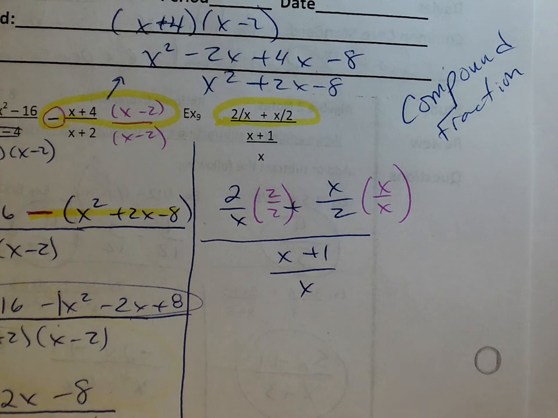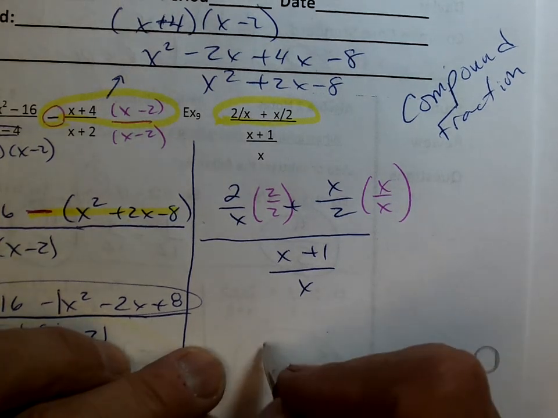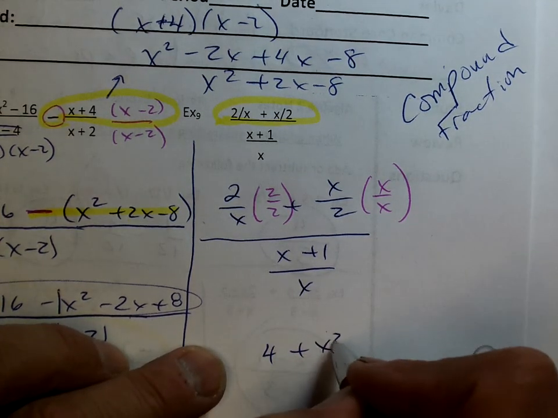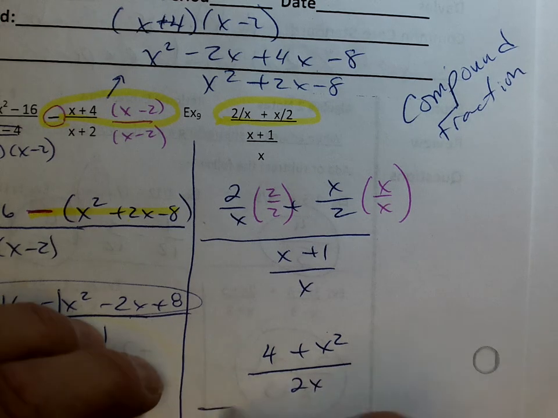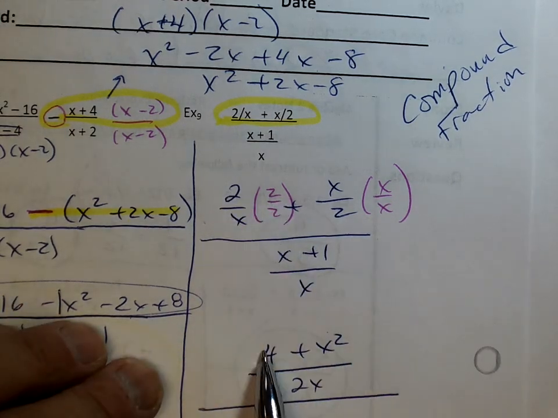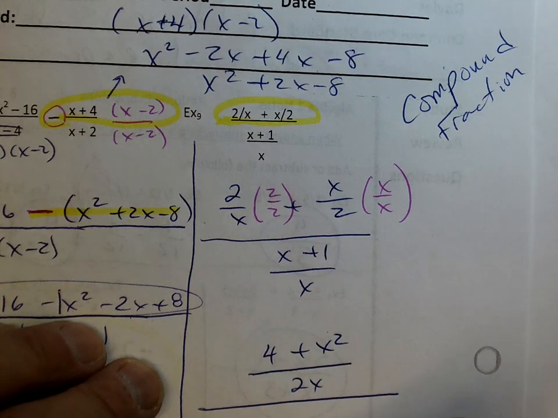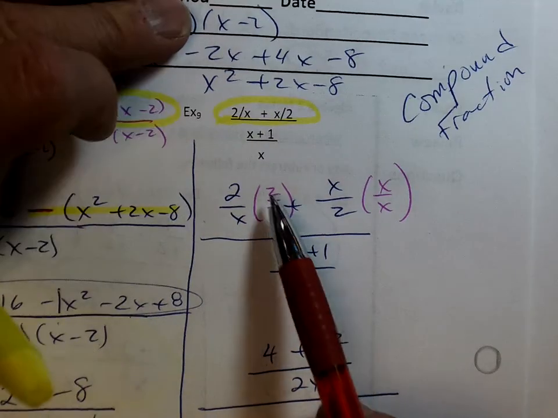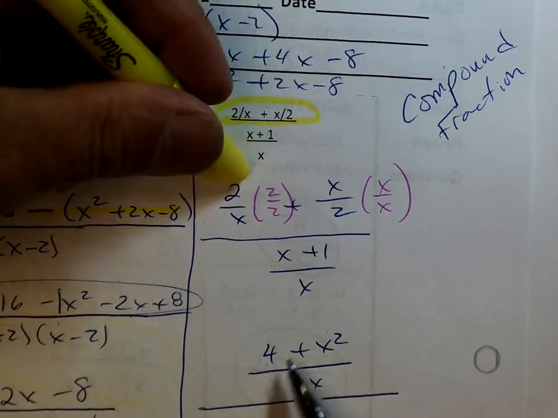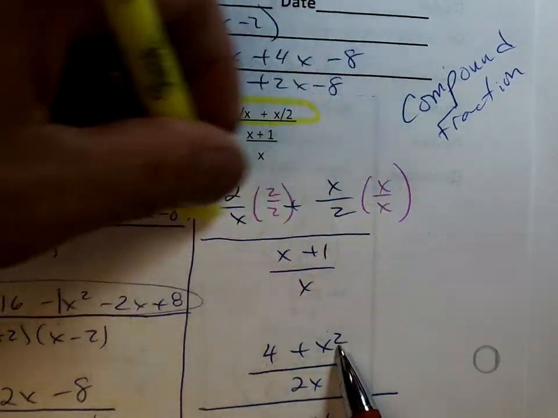So on the top, numerator, I'm going to have a 4 plus x squared over a 2x, okay? Here's my 4 plus my x squared over my common denominator 2x.